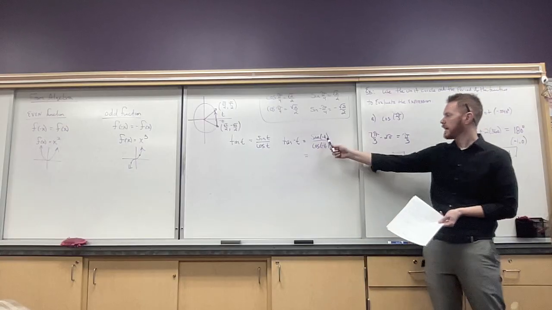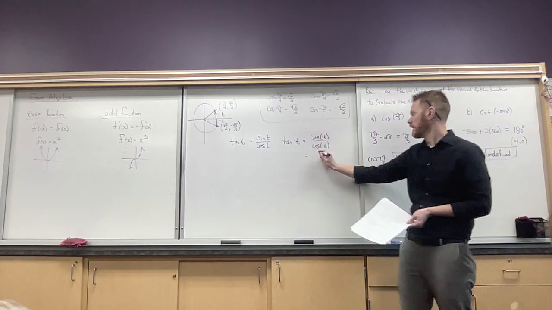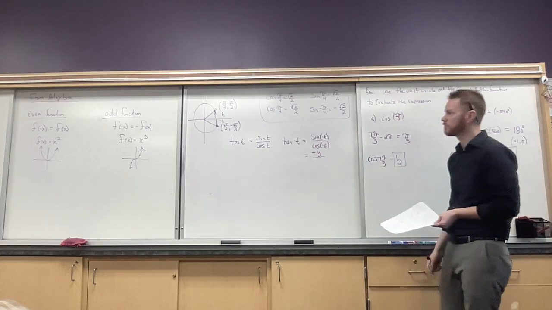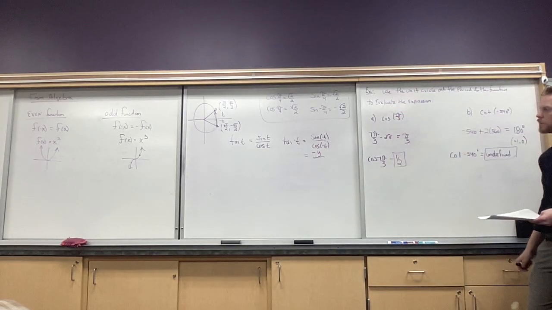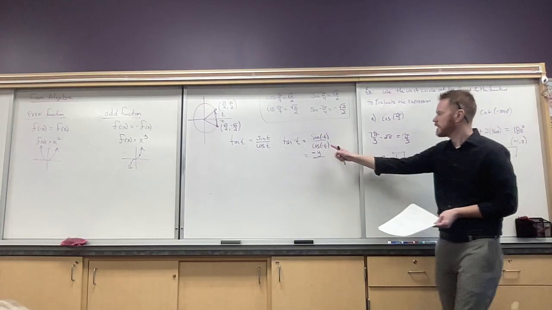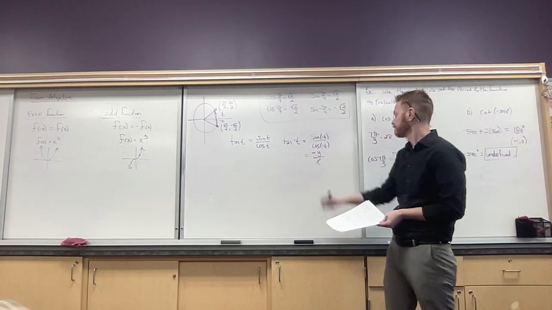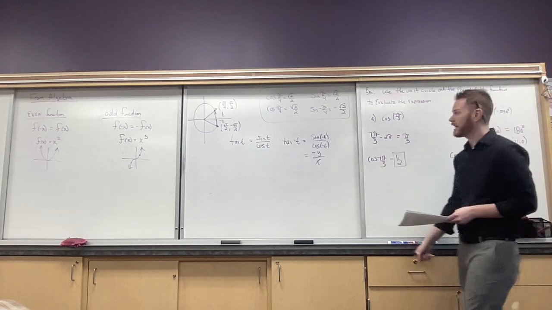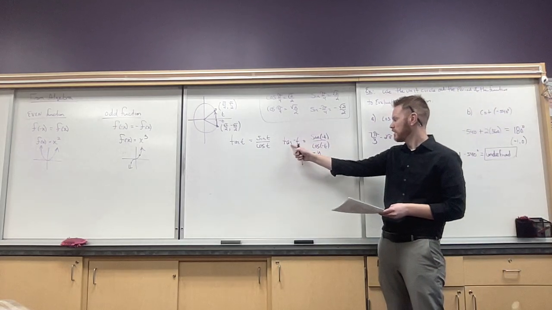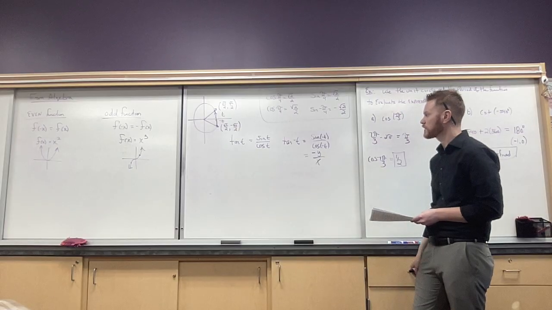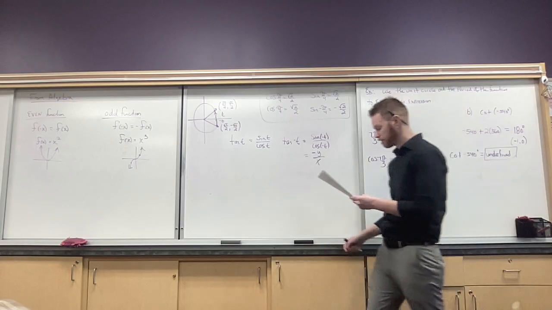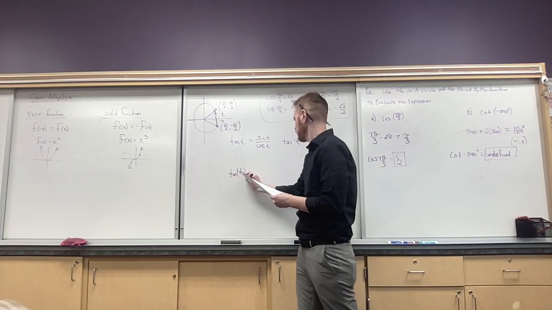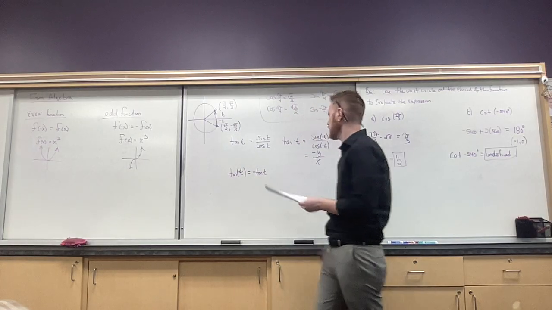Now, if the angle is negative for sine, the output's negative. So this is just going to be negative y, whatever our y coordinate is. I didn't specify it for this one. Cosine, I know if the angle's negative, it's the same thing as if it's positive. So it just comes out to be a positive value. So we can see that if the angle's negative for tangent, the output's going to be negative then. So that's more of an odd function there. So we can say here that tangent of negative t is the same thing as negative tangent of t.